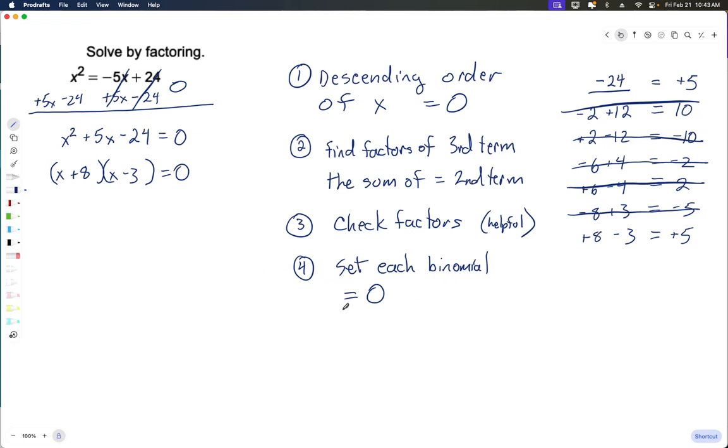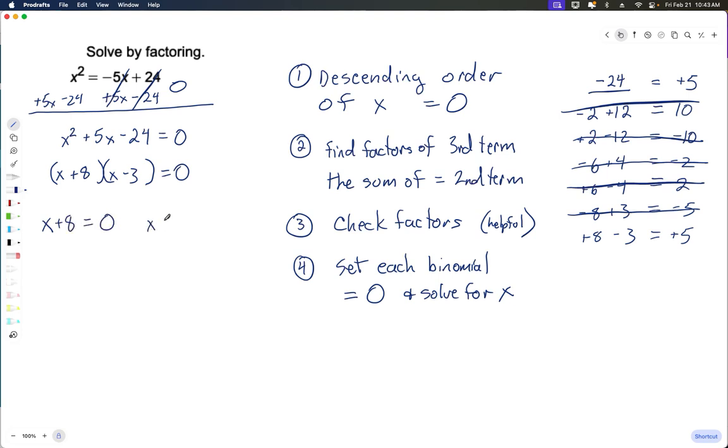If this is 0, then 0 times whatever this is, it doesn't matter what this is, it's equal to 0. If this one is 0, it doesn't matter what this one is, because this times 0 would be 0. So we're going to set it such that each one of them could be 0.